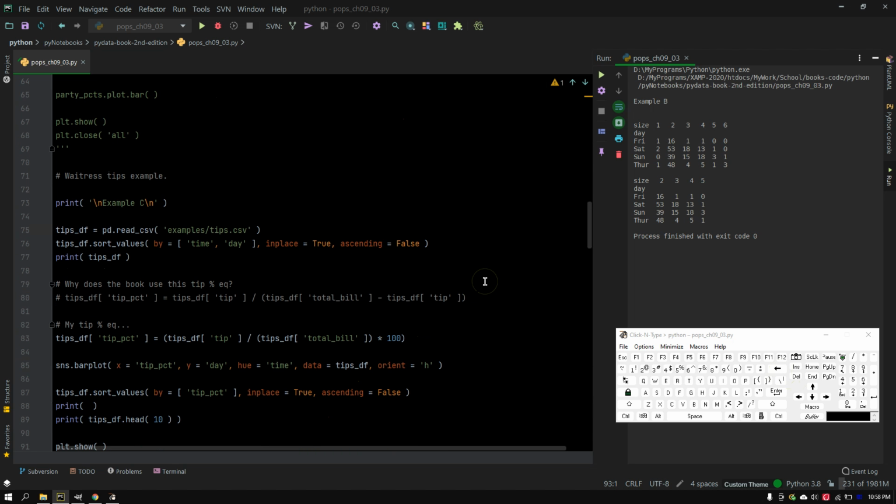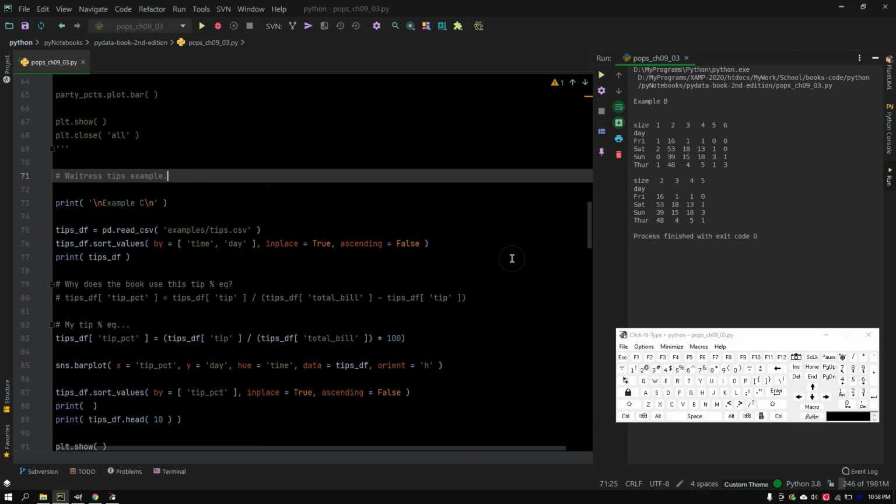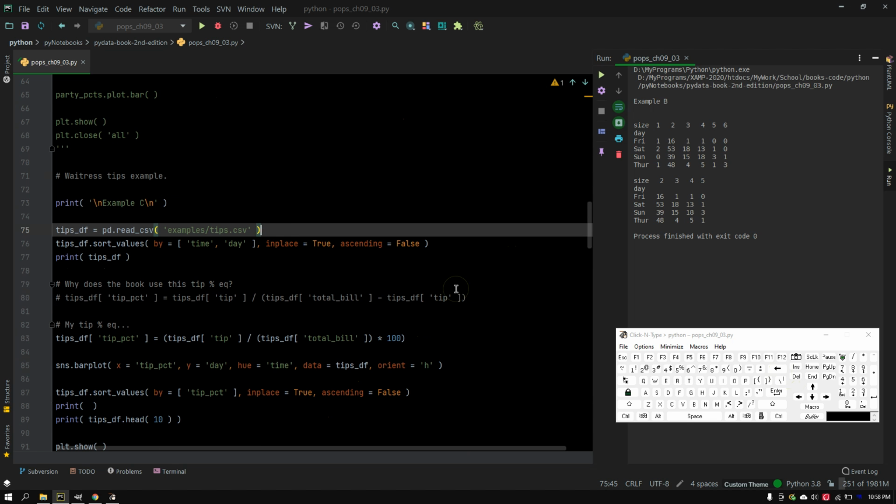Example C. Now we're going to be dealing with the tips that that particular waiter or waitress gets. We read the CSV into the tips data frame, and I sorted it.